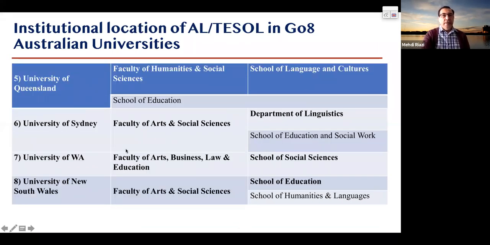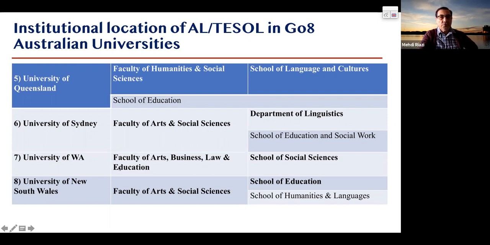University of Queensland, we had some in the School of Language and Cultures in Faculty of Humanities and Social Sciences, and some in the School of Education. In University of Sydney, as you might be more familiar with, some in Department of Linguistics, some in the School of Education and Social Work, and both of these in the Faculty of Arts and Social Sciences.